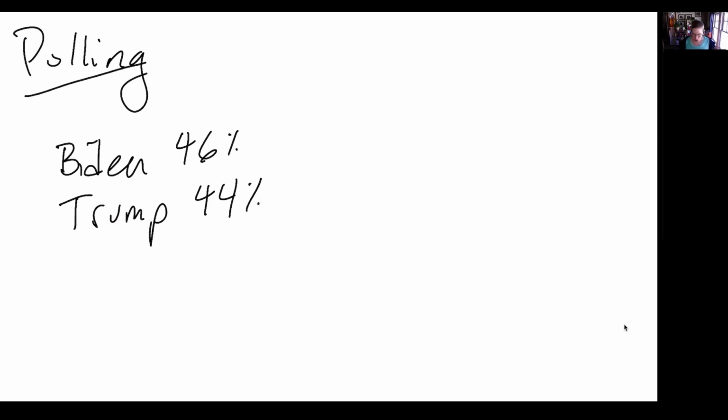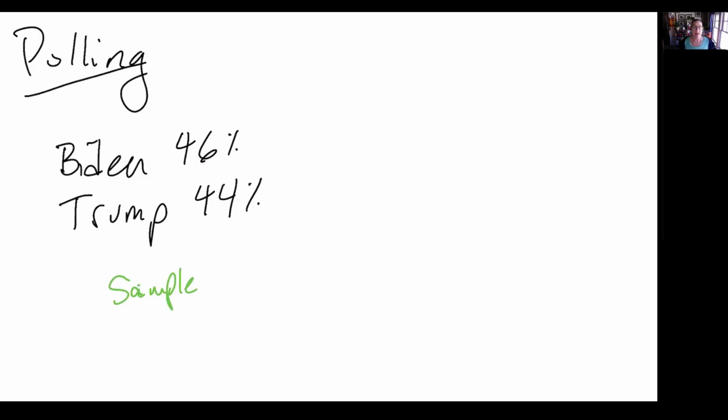That's not necessarily true. Any reputable poll will give you more than just this, because this information is based on a sample, and this sample is intended to be reflective of the entire nation.